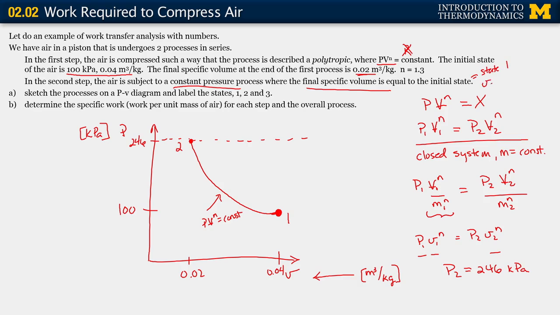So the volume at state 3 is equal to the specific volume at state 1. Okay? There we go. We move across, and that's the process diagram. Two processes, but this is the complete process diagram from 1 to 2 and 2 to 3. So hopefully that was pretty straightforward.